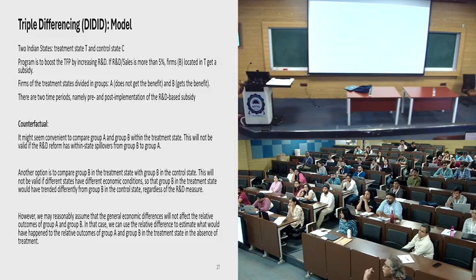However, we may think that general economic differences will not affect the relative outcomes of group A and B. Clear? And in that case, we can use the relative difference to estimate what would have happened to the relative outcomes of group A and B in the treatment state in the absence of treatment.